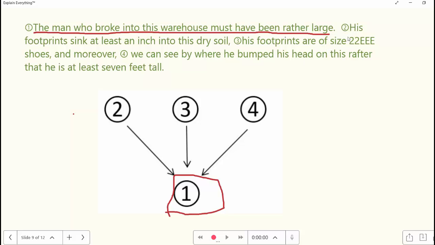Now notice that these claims, so the fact that this person is sinking into the dry soil by an inch, and has 22 EEE size shoes and bumped a head, and so must be 7 feet tall.